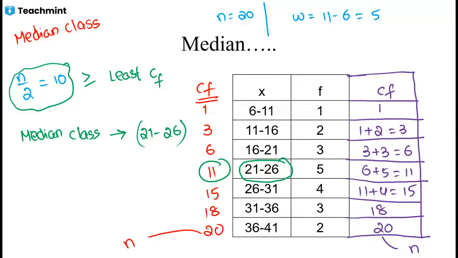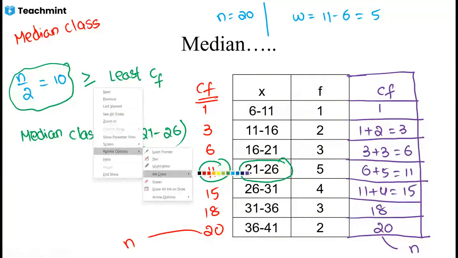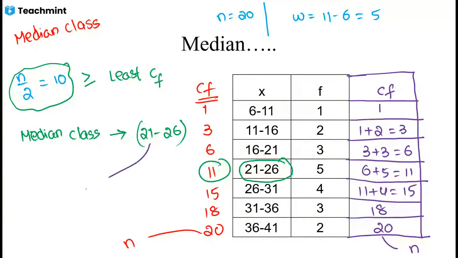First you have to take 11, which means the cumulative frequency of the median class. Now you are able to decide LM and F also. In that formula, LM is 21, and F is nothing but 5. What is CF?